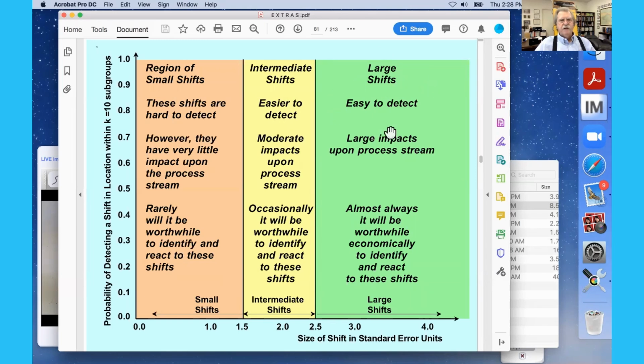Large shifts, easy to detect, bigger than 2.5 standard errors, large impacts upon the process stream, almost always worthwhile economically to identify and react to these shifts. These are the ones you want to find. These are the ones you really don't care about.